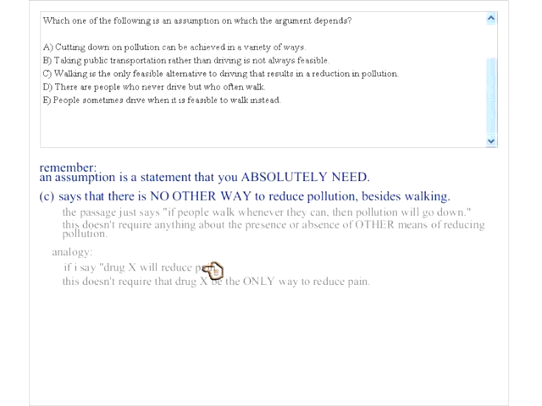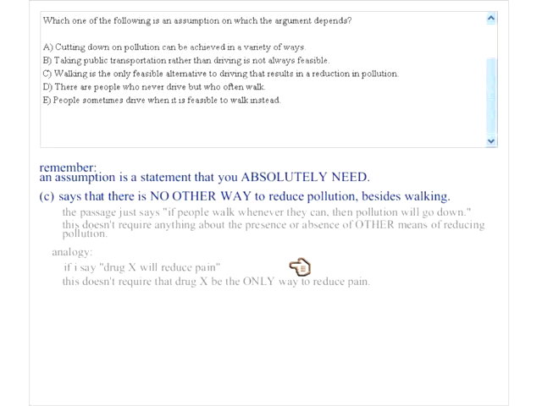All that matters is what drug X does or doesn't do. Same sort of thing. This argument is only concerned with what walking does versus what walking doesn't do. If there are other ways to reduce pollution, they're irrelevant to this argument in the same way that other ways of reducing pain would be irrelevant to this argument. Okay, give me a smiley face if you guys understand why choice C is incorrect.